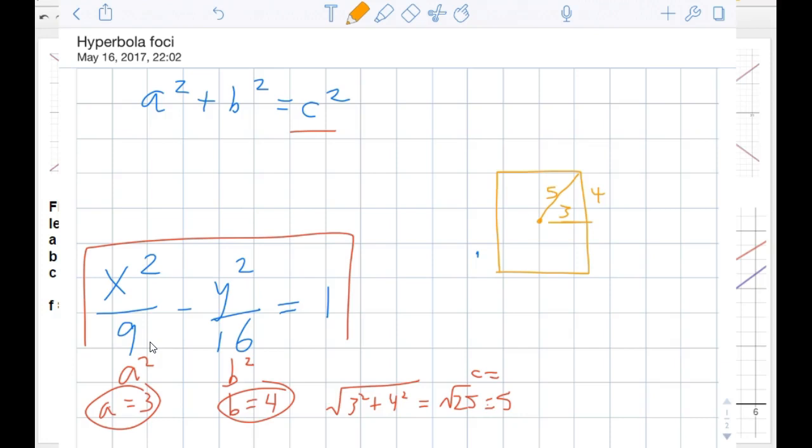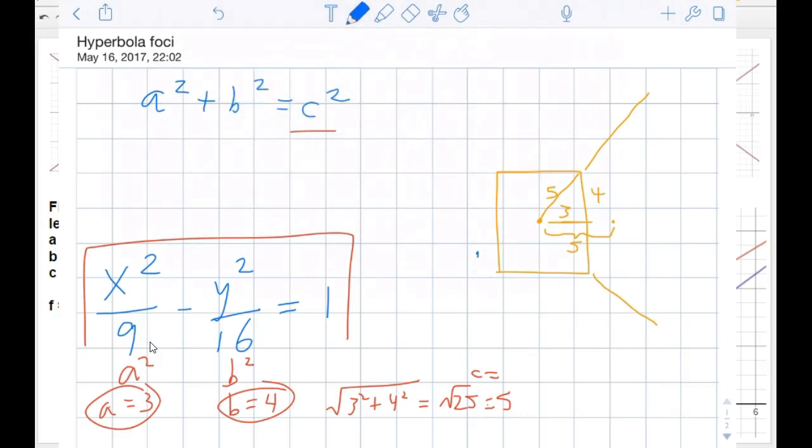And it also turns out that the distance from the center to the focus is also going to be 5, right? Because we know that the distance to the focus is also c. And if we were going to sketch this hyperbola, it would kind of look like this.